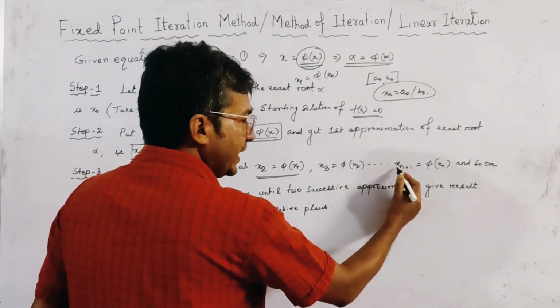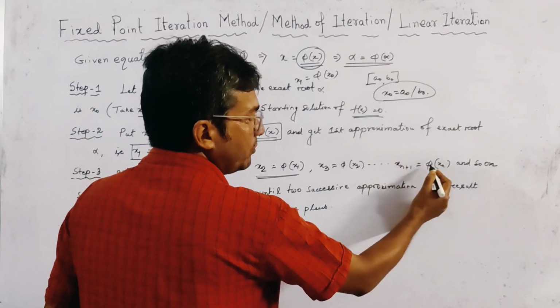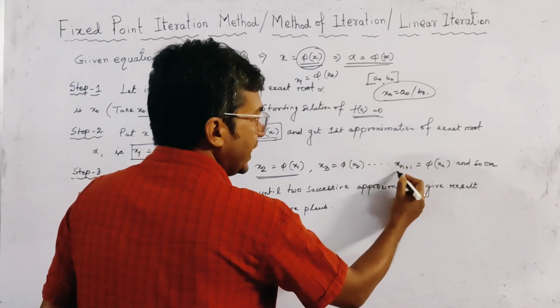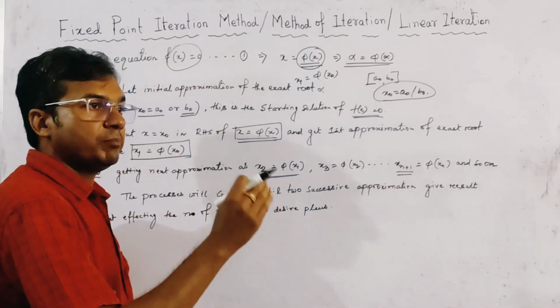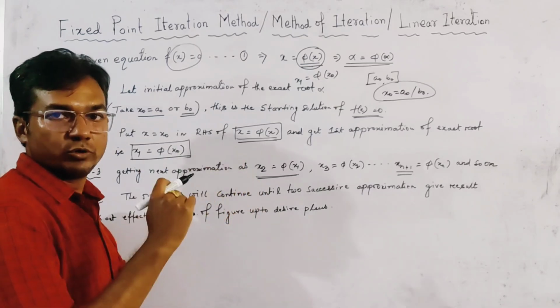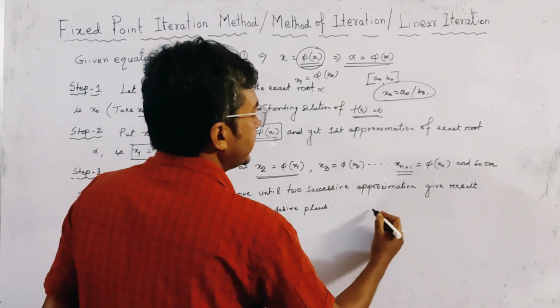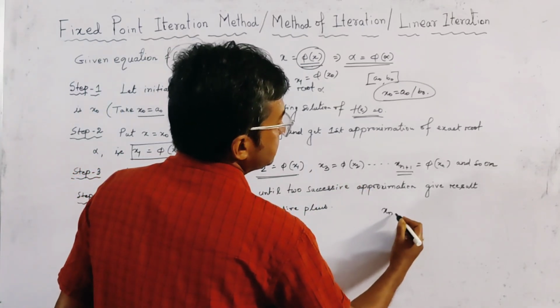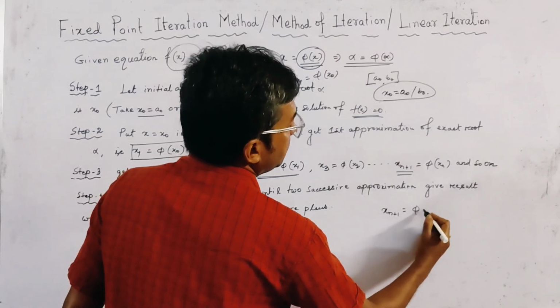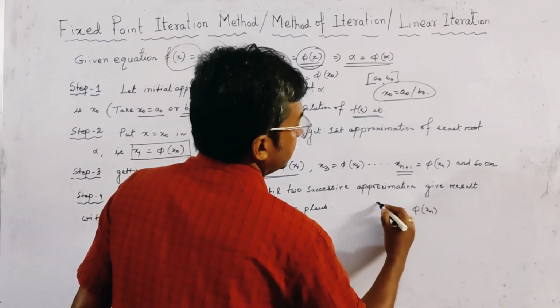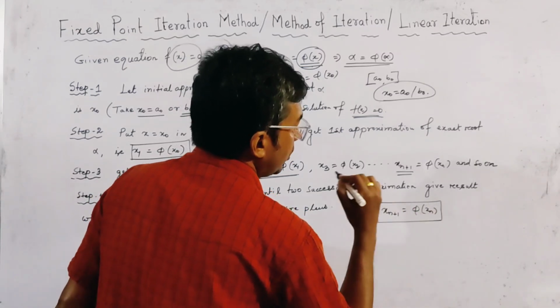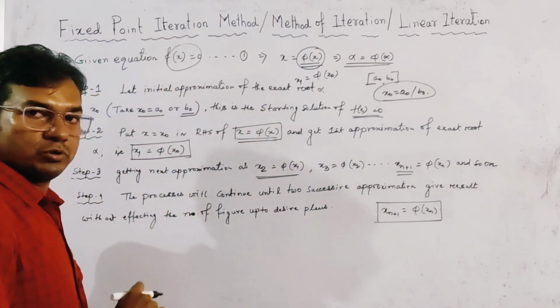Similarly, we get x(n+1) = phi(xn). This is the (n+1)th approximation by the fixed point iteration method. So we get the iteration formula x(n+1) = phi(xn), the iteration formula of the fixed point iteration method.